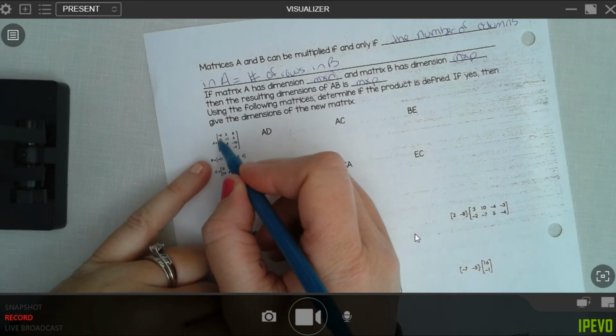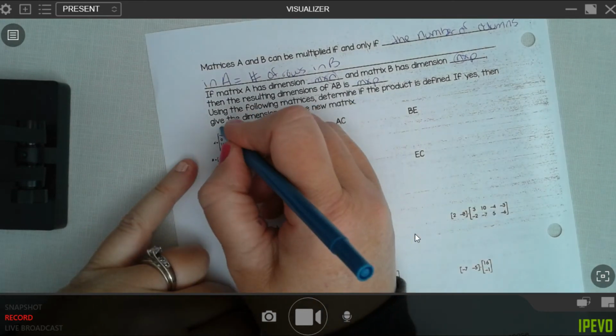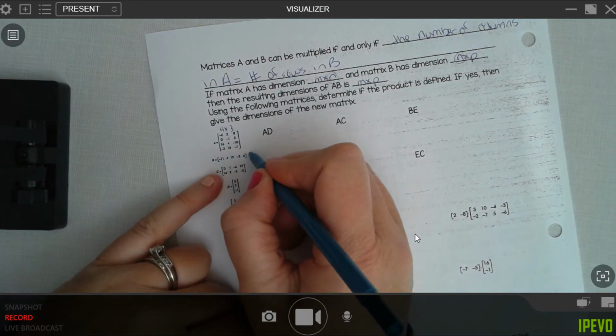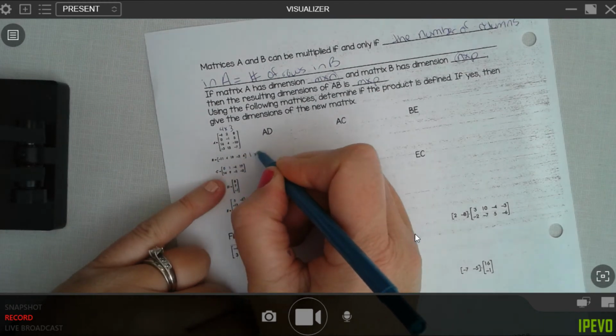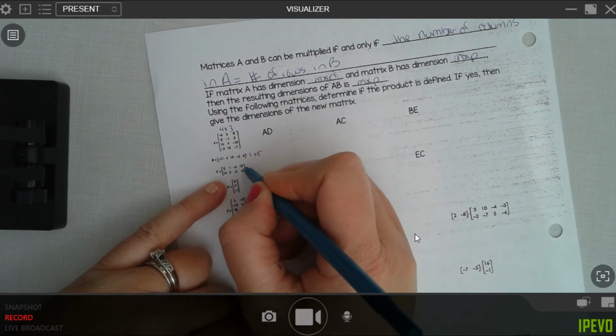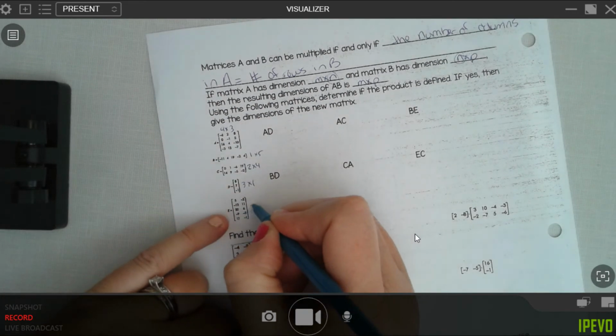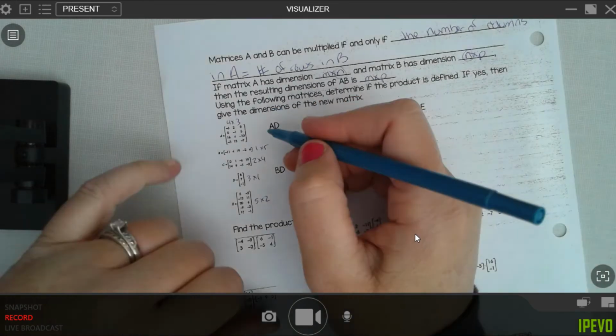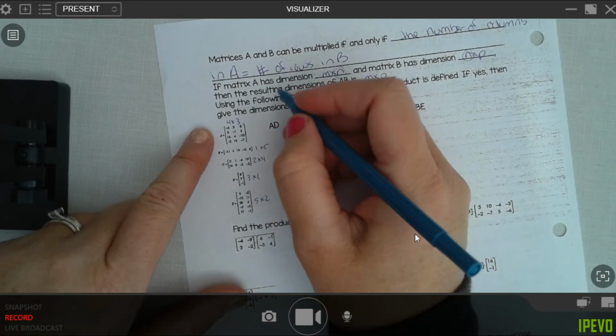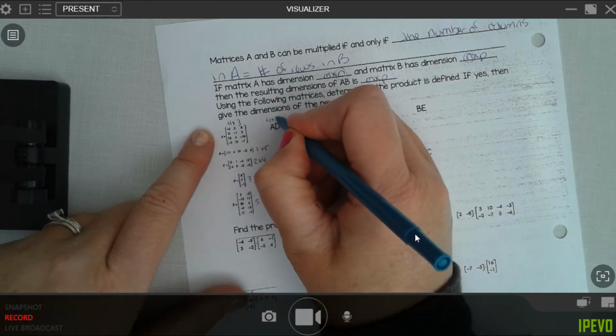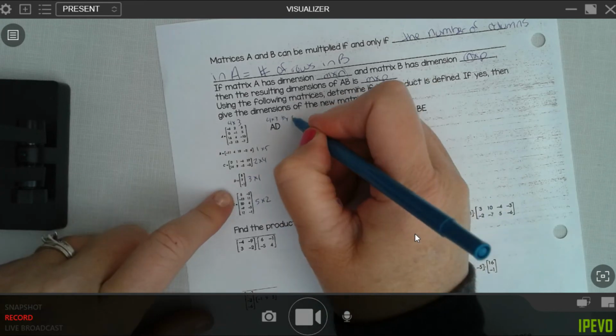This is a 1, 2, 3, 4. So this is a 4 by 3. This is a 1 by 5. This is a 2 by 4, 3 by 1, 5 by 2. So if we're going to do A times D, that would be a 4 by 3 times a 3 by 1.